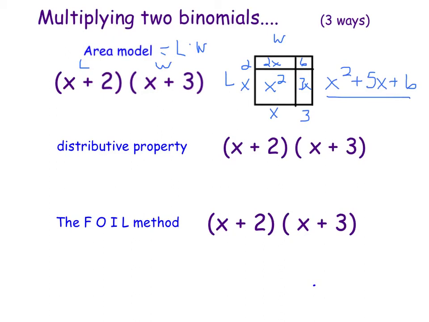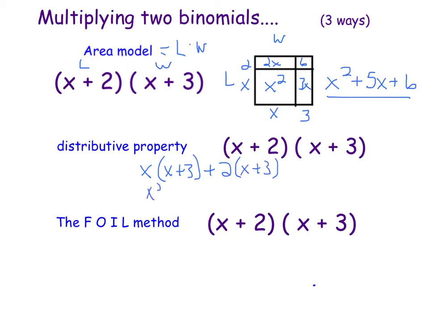We can also look at it using the distributive property, where you take this term and multiply it by both of the second terms, and this term. So it's like you're splitting it up. You're going to take your x and multiply it by x plus 3, and you're going to take your 2 and multiply it by x plus 3.